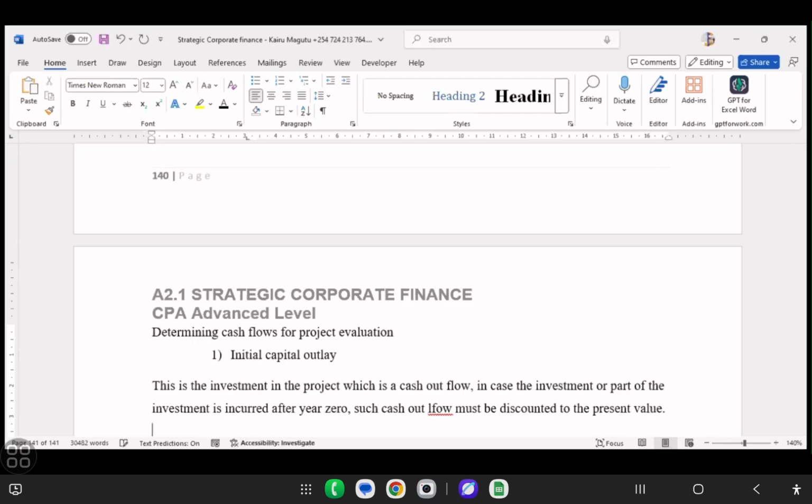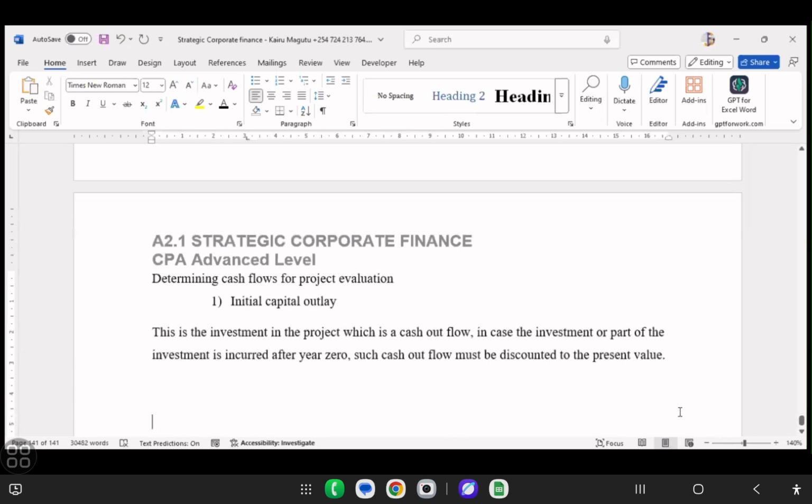In case there is any cash outflow incurred after year 0, such cash flows must be discounted to get the present value of the cash outflow. And I want to demonstrate this with an example.